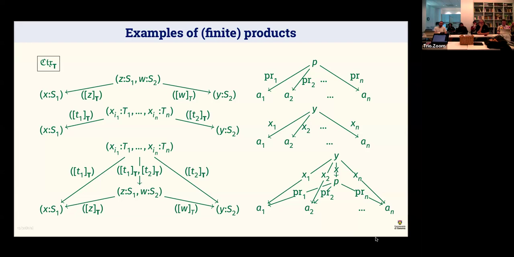I need to produce an arrow here. Yes, I see one. Sorry, the screen was just glitching. So I need to produce that arrow, and I'm using the two terms. Luckily, the definition of the arrows in the category of contexts is a list of terms.